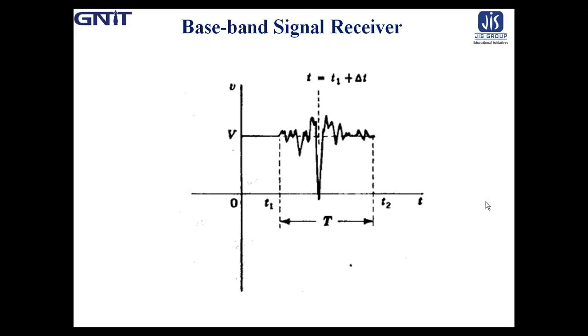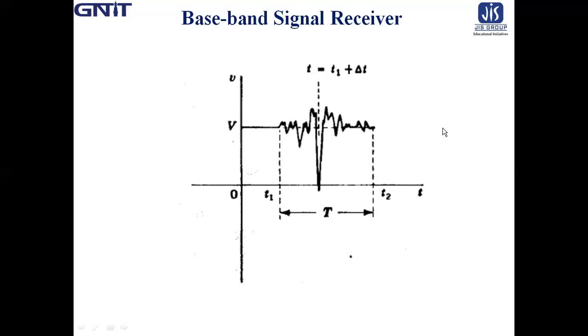So first of all, you have to know when the error will come. Suppose that the noise is Gaussian and the noise voltage has a probability density which is entirely symmetrical with respect to 0 volt. So we are considering that the noise is a Gaussian random variable which is symmetrical with respect to 0 volt.